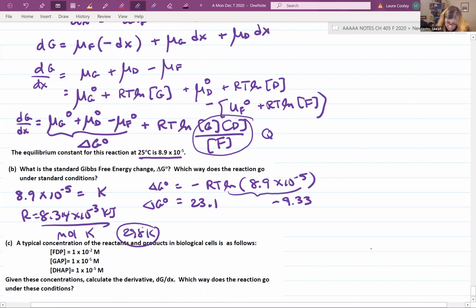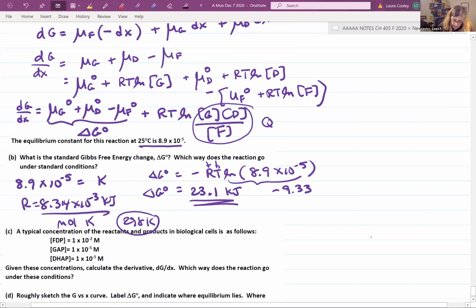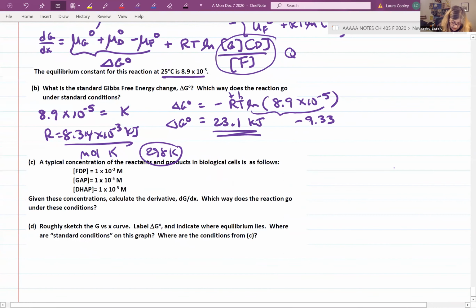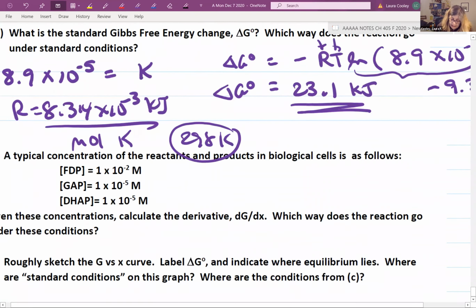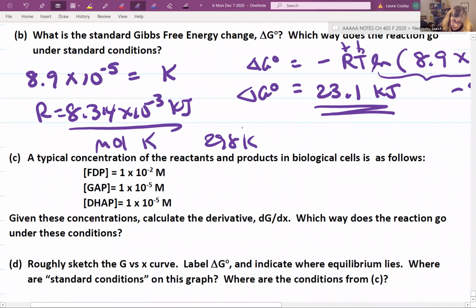Yeah, that's what I plugged in for these two. And this is your delta G0. Okay, yeah, 23.1.